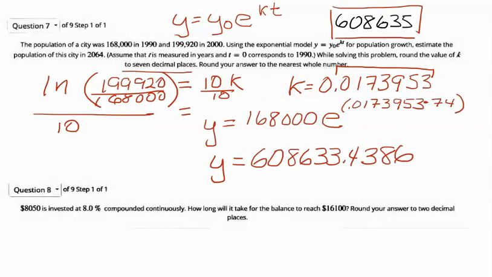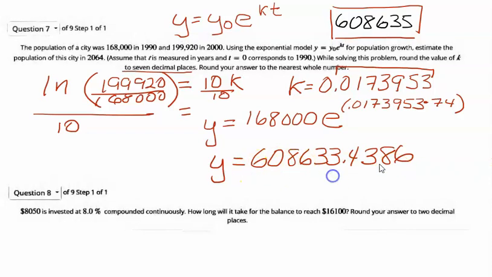Now, when I followed my own directions here, I ended up with this as an answer. And rounding that off to the nearest whole number would just be 633. Now, when I did this before, I just saved this value for K, and I didn't round it to 7 decimal places.